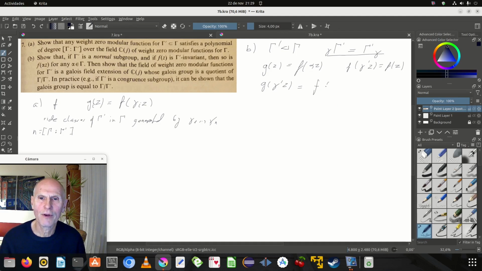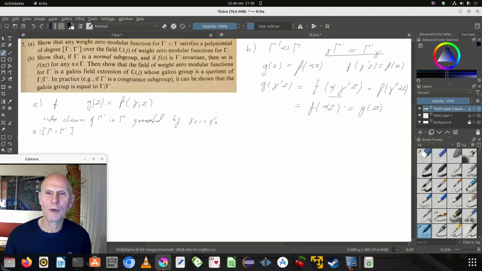So it's f of alpha gamma mark z. And then we apply the normal subgroup. There we go. All right. This is the way I thought it should go.